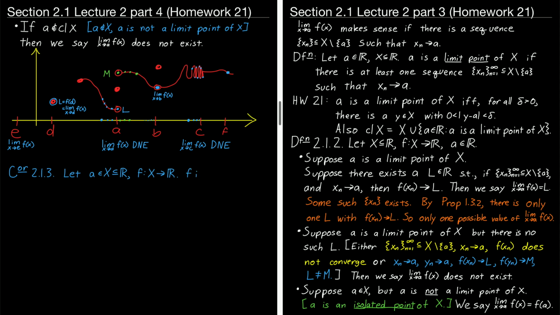Then f is continuous at A if and only if the limit as x approaches A of f of x has to exist, so it can't be like the points A or C in the picture above, and also it has to equal f of A.